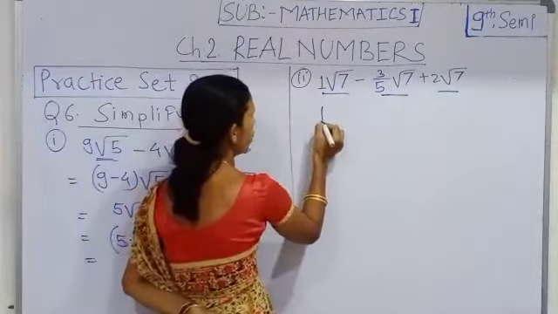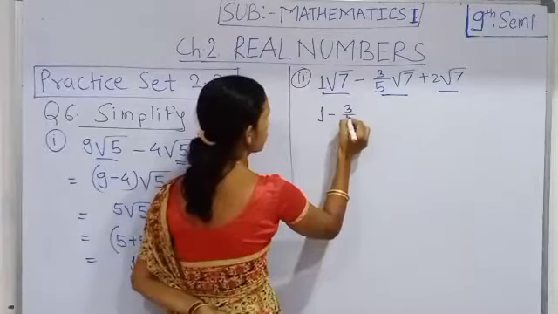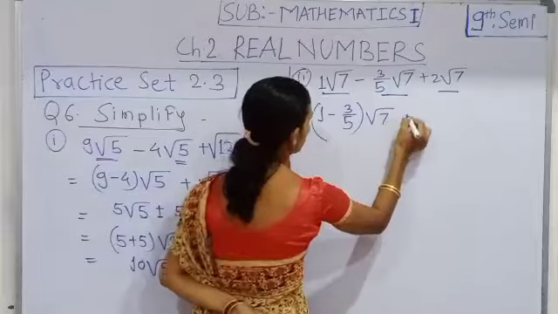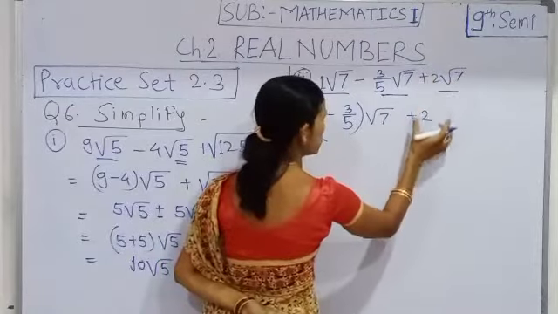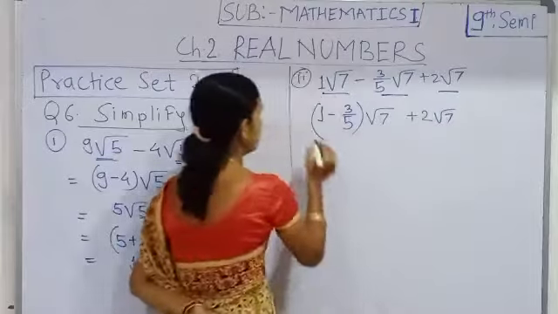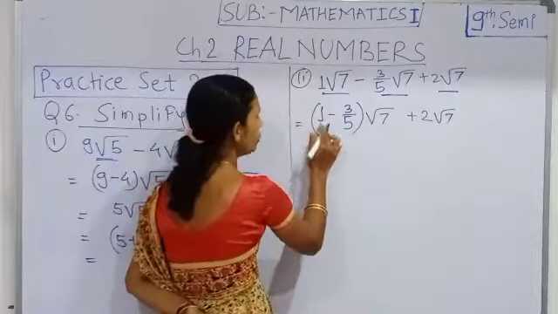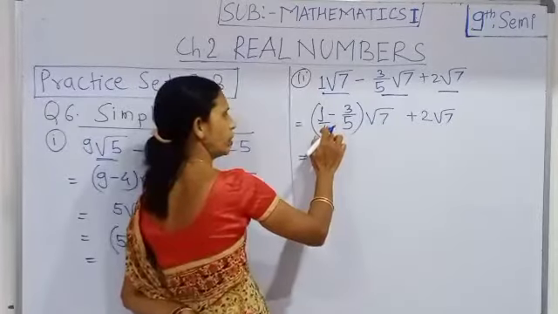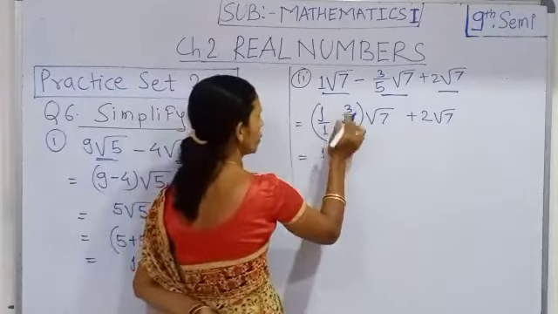Then see here, 1 minus 3 upon 5, root 7. We have to write the third surd as it is, plus 2 root 7. Here 1 means 1 upon 1, so 1 upon 1 minus 3 upon 5.